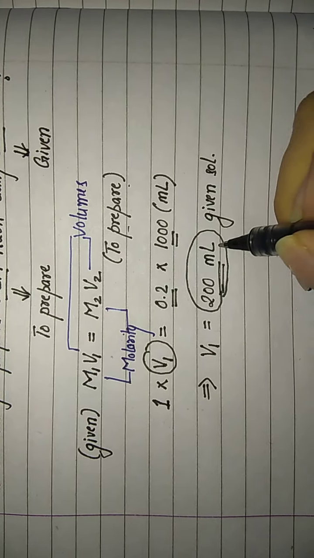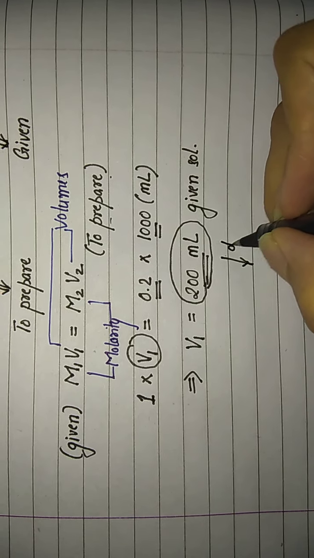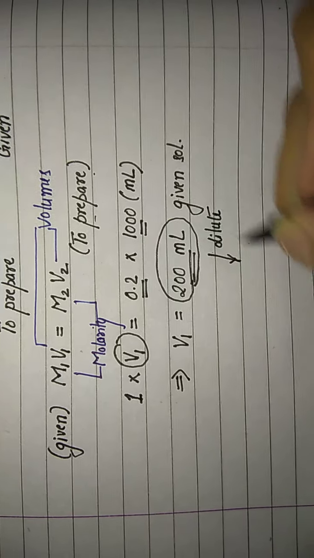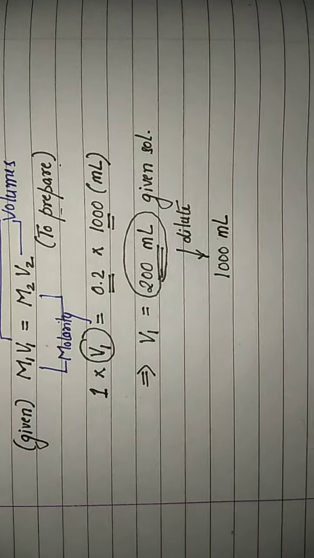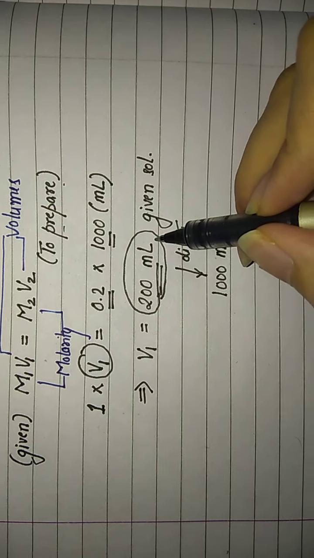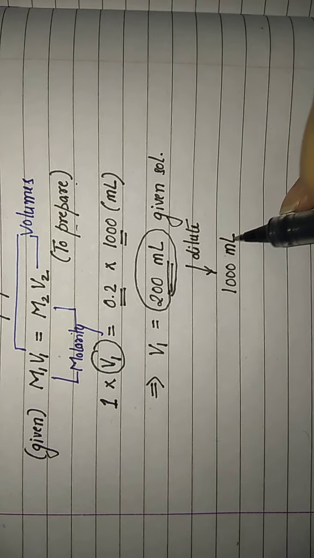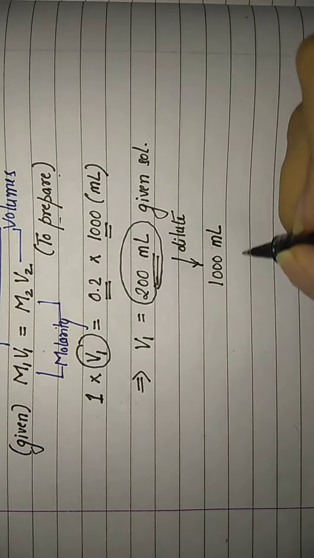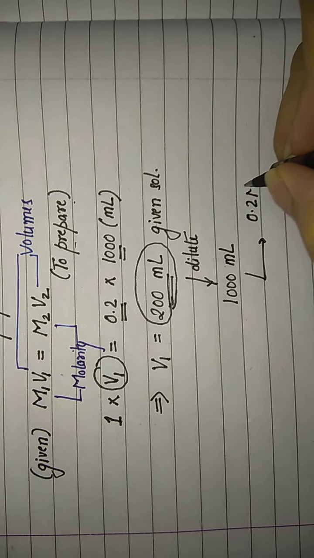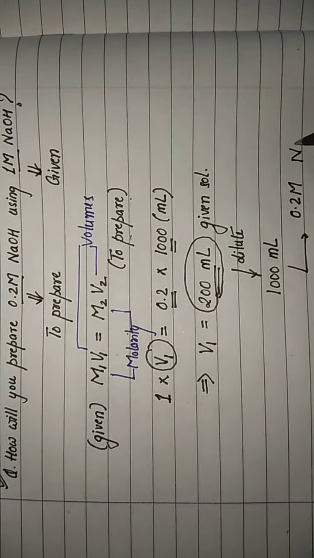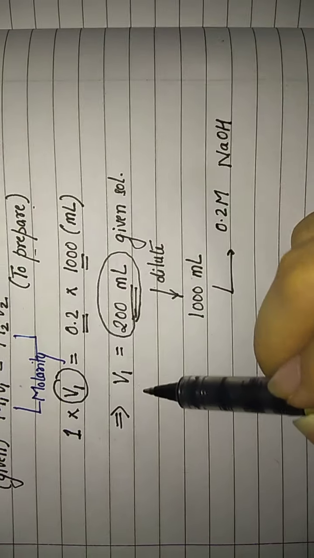You will take 200 ml of that given solution and dilute it up to 1000 ml, and the resulting diluted solution will be the solution of 0.2 molar NaOH. Fine. I am repeating it.